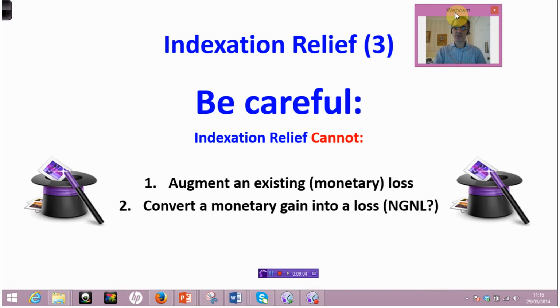And what I mean by NGNL is no gain, no loss. In effect, you had a monetary gain, you took proceeds from cost before any indexation relief was applied, and you had a monetary gain. Now you're trying to add in the indexation relief, and that relief is so big that if you take it as it stands, it would bring you into a loss-making position. You can't do that. You can only bring it down to zero. So in effect, you end up with no gain or no loss. In effect, you end up with zero. So just watch out for these two tricks, okay?